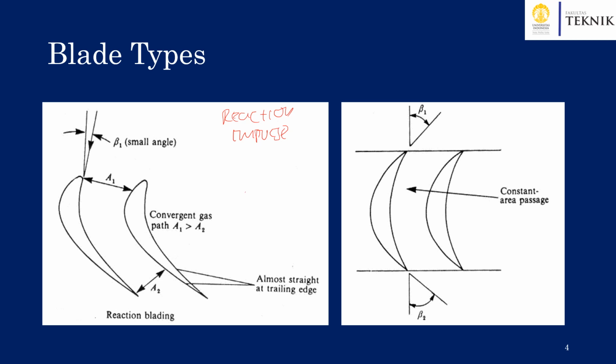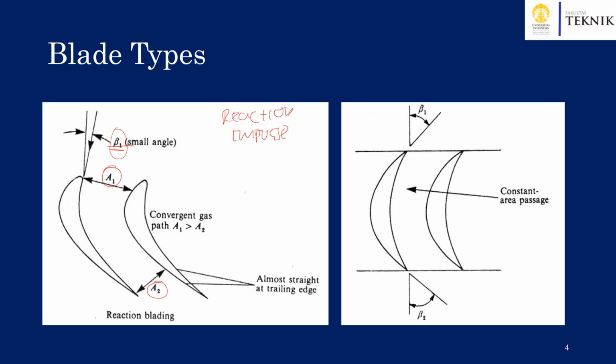For the reaction turbines, normally the flow passage is decreasing, as we can see here, that the flow area is decreasing across the flow path, so to say, and as it enters the rotor, in this case, the relative blade angle or relative flow angle will be relatively small.